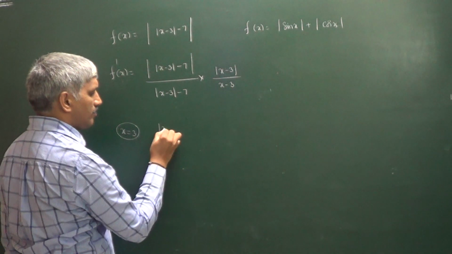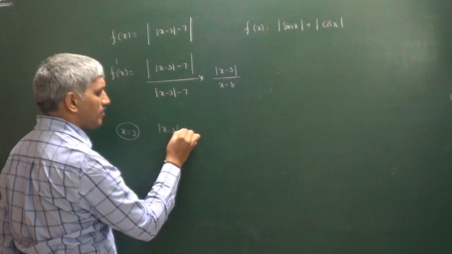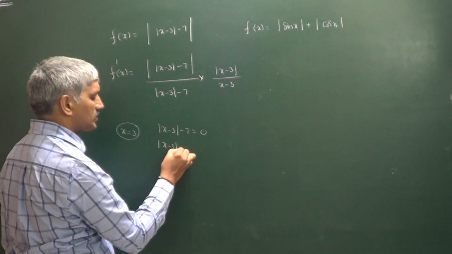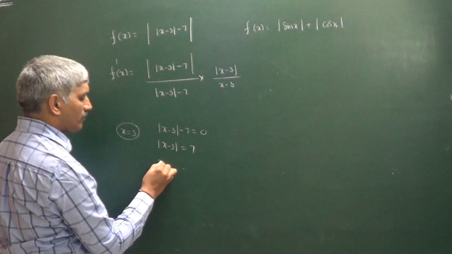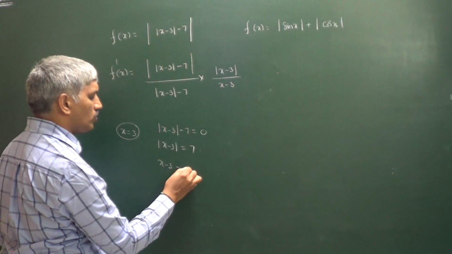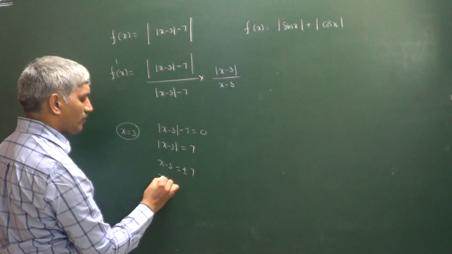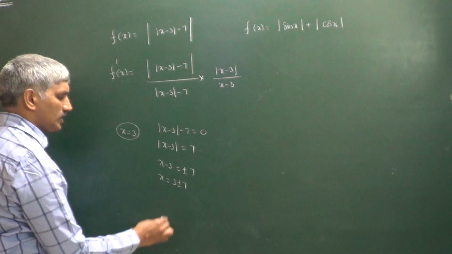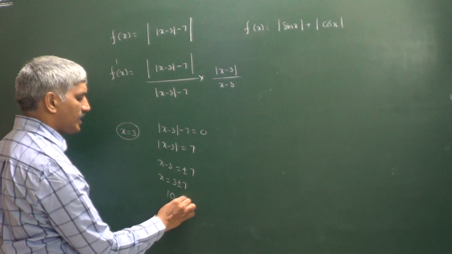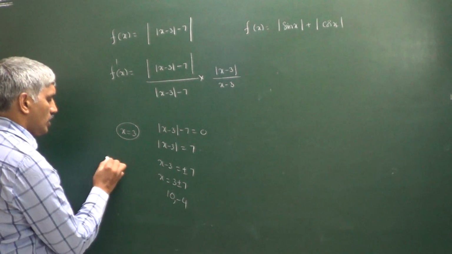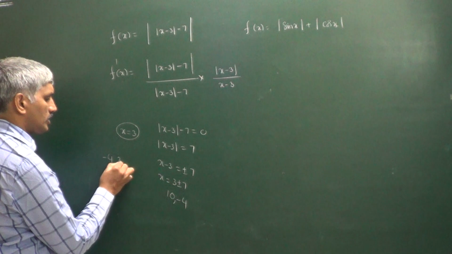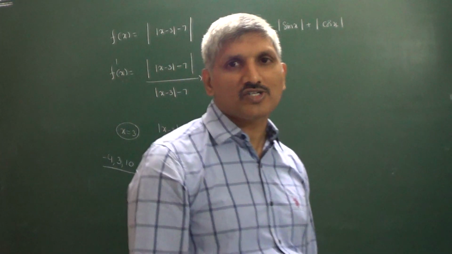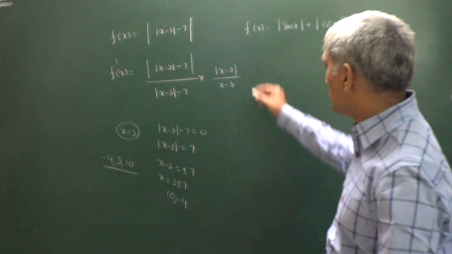At the same time ||x-3|-7| is equal to 0. Therefore |x-3| is equal to 7. Therefore x-3 is equal to plus or minus 7. Therefore x is equal to 3 plus or minus 7. That's why one point is 10, the other point is -4. That's why -4, 3, 10. These are the points where the function is not differentiable. That is one way.